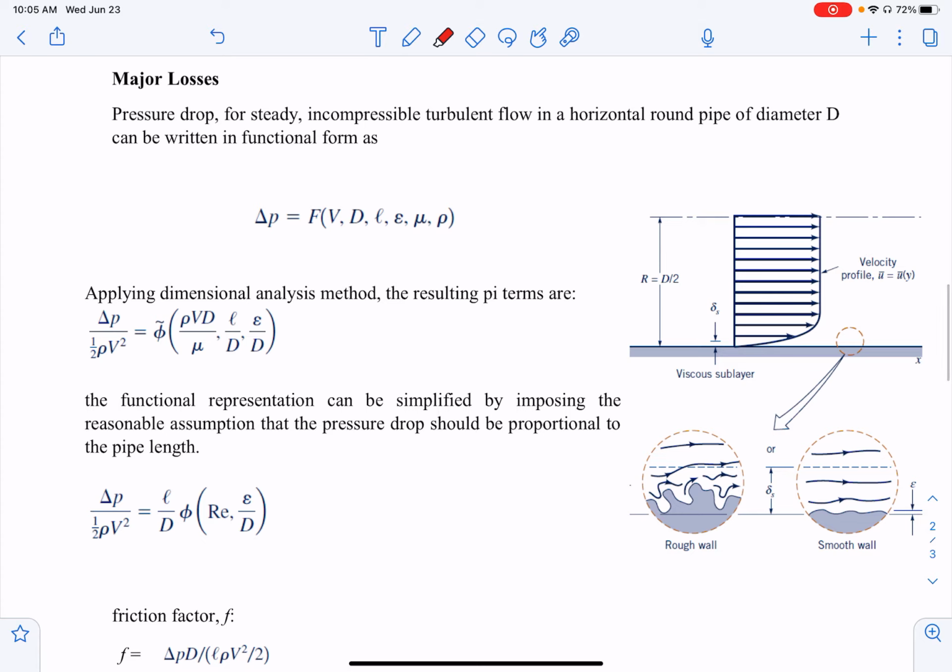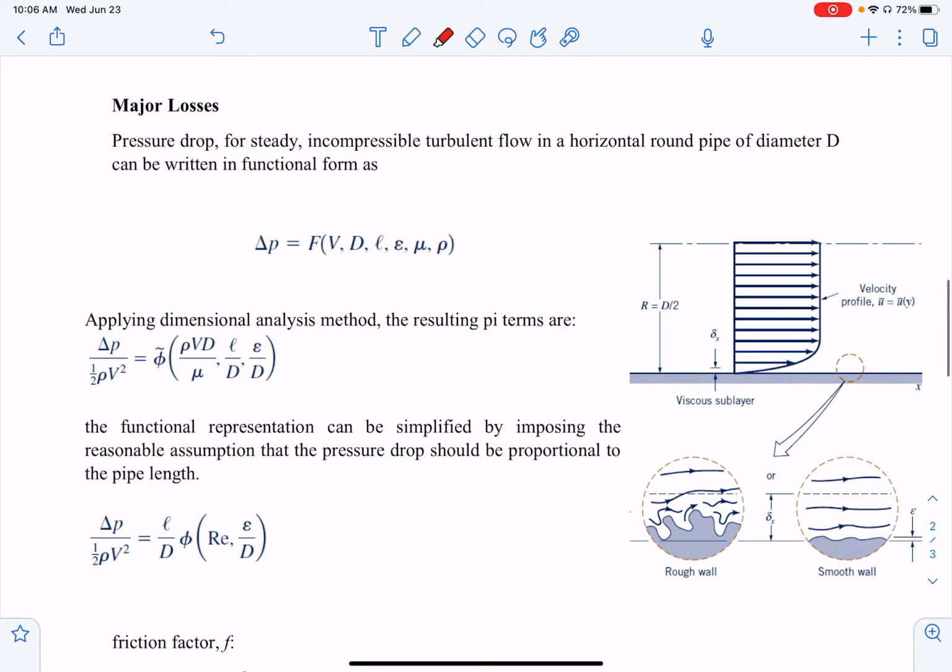So for the major loss, if we perform dimensional analysis, then the resulting pi terms are going to be like this, right? These are all the variables that we say the pressure drop depends on.